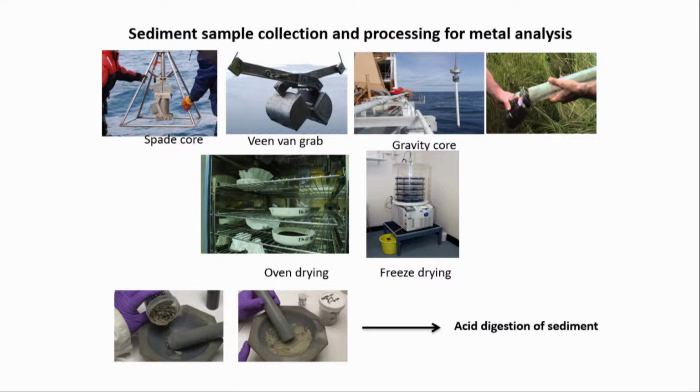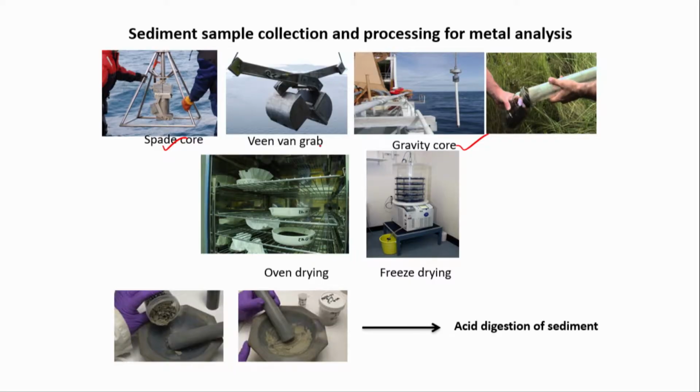I have shown some of the sampling procedures, like spade core, Van Veen grab, gravity core, and even the pipe that we use to collect a sediment core. Spade core and gravity core we usually use in the open ocean where the depth is more, and these two corers can give you proper surface sediments and the down-core profile of the metals.